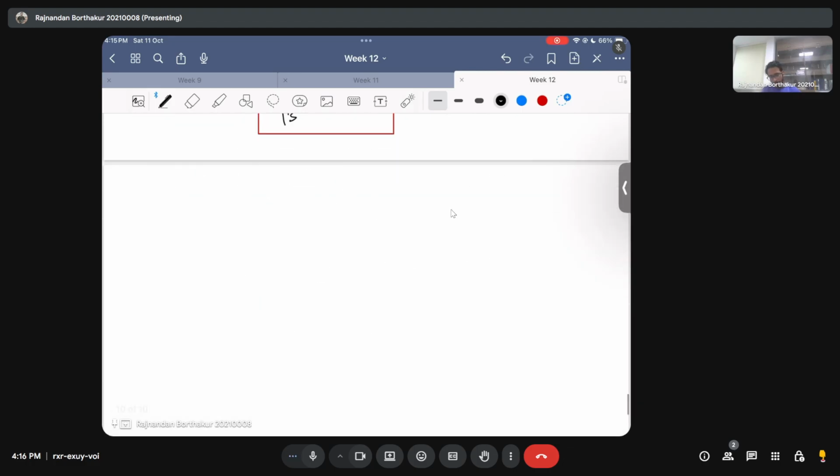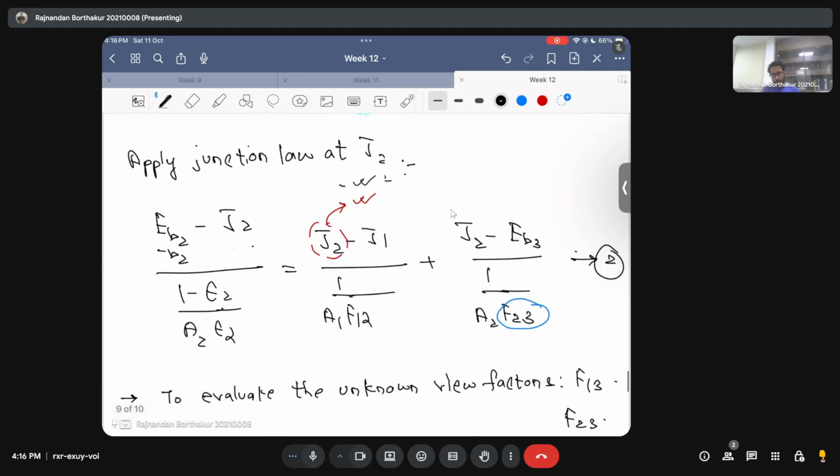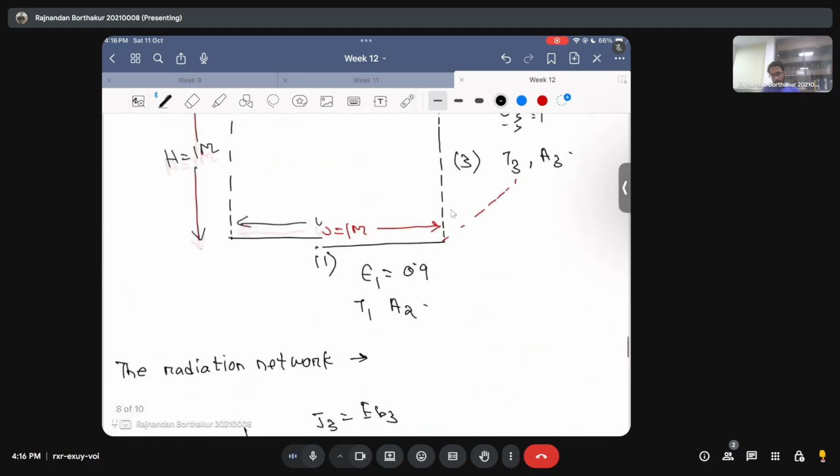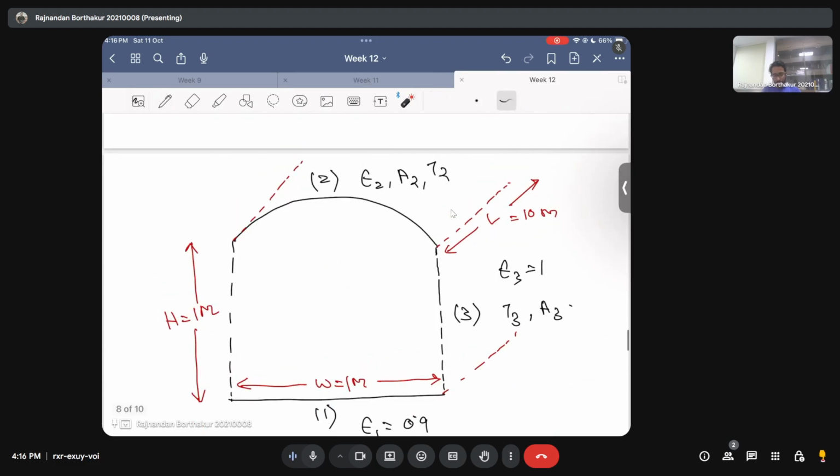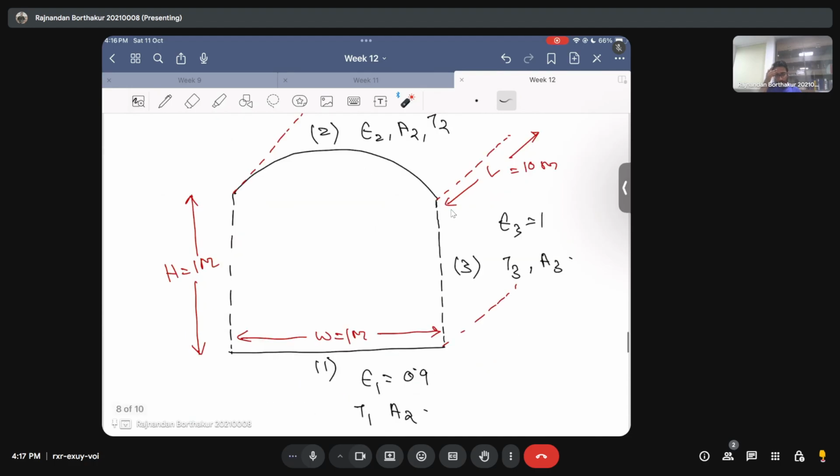So our next task is calculation of F23, and this is where we need to be a little bit wise in calculating F23. So what is F23? First of all, F23 is the fraction of radiation that is leaving the absorber, which strikes the surrounding, because our 3 is basically the surrounding. Okay, I hope you are aware of this.